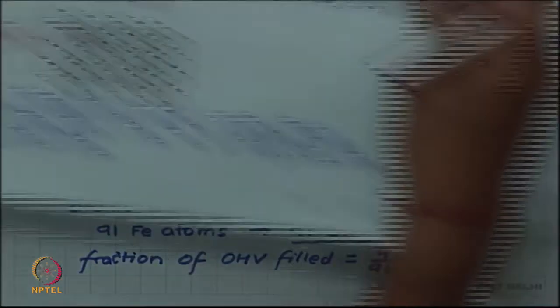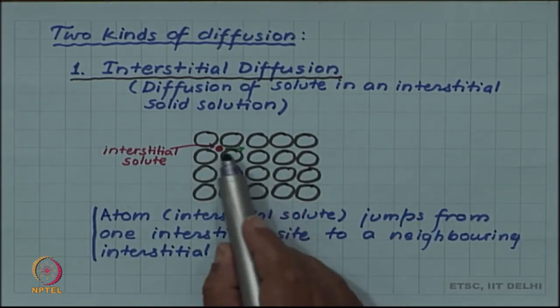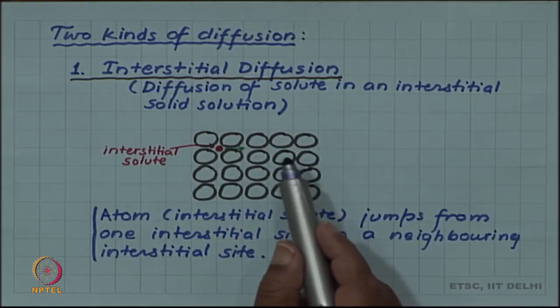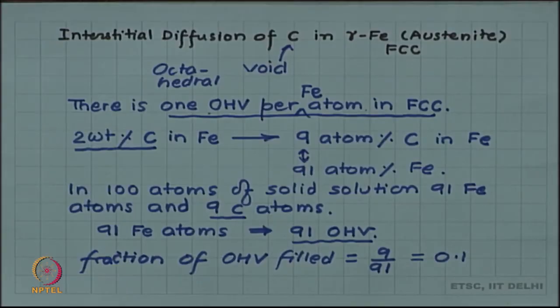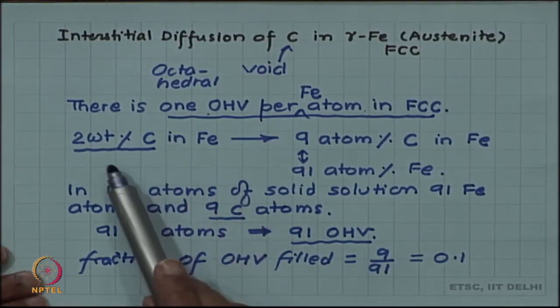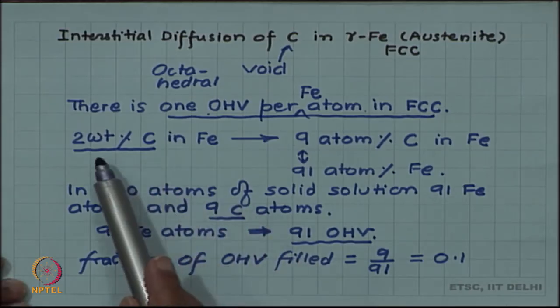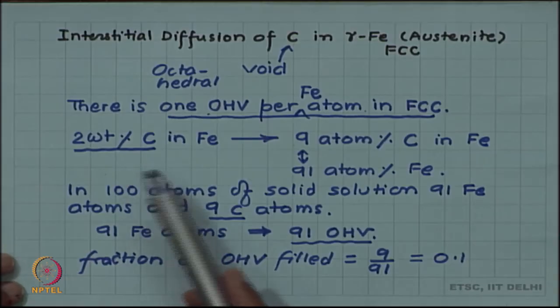So, when I show you a diffusion system like this, 90% probability of a neighboring site to be vacant exists if you have the maximum amount of carbon. In most practical steels, the carbon concentration will be much less, and in mild steel it can be 0.2% or 0.1%.